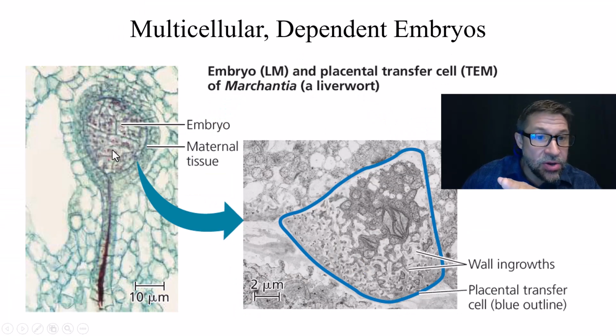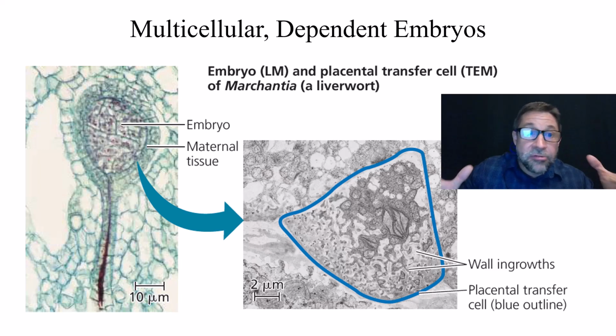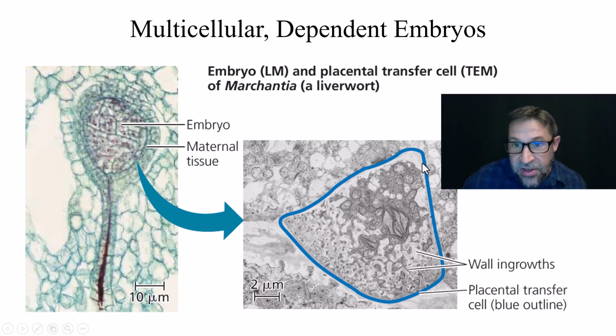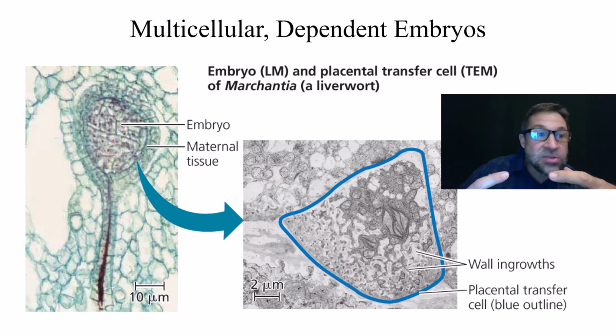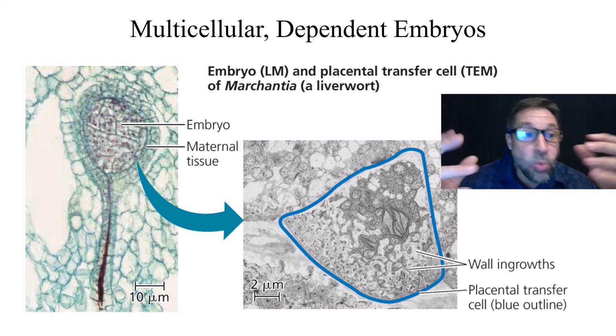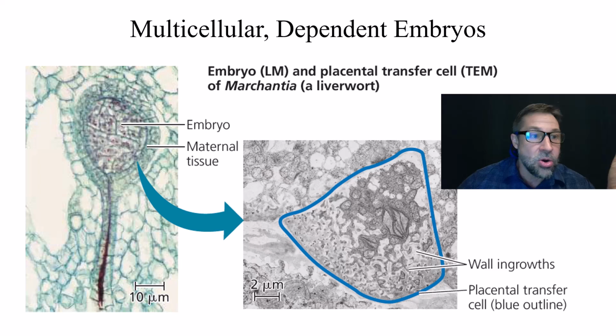Okay, so here is a photograph of that multicellular embryo in purple that is dependent upon the maternal, the female gametophyte. And then over here, you can see this blue line. That's going to represent what are called placental transfer cells. So this is the interface where she is providing water, glucose, and amino acids.